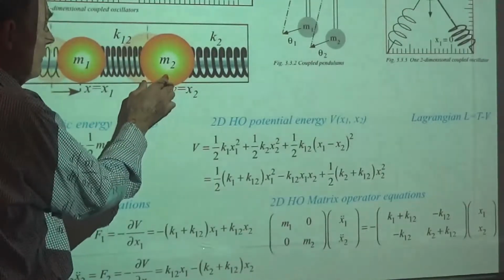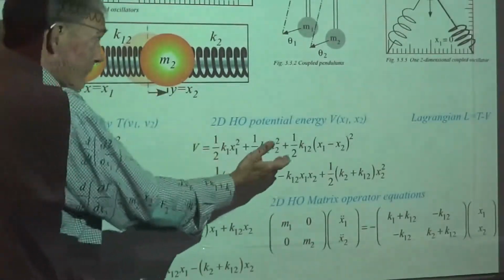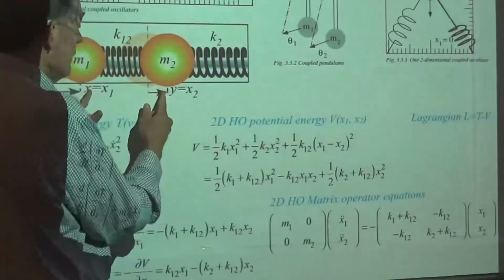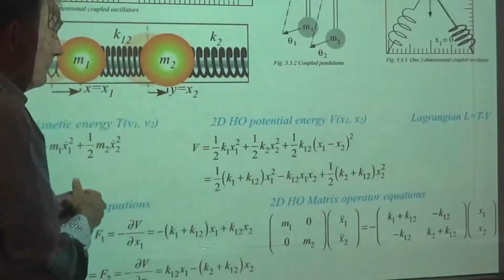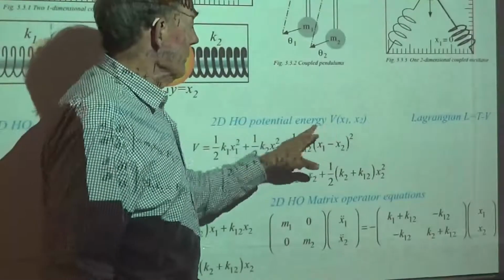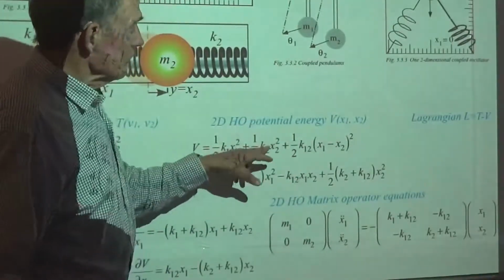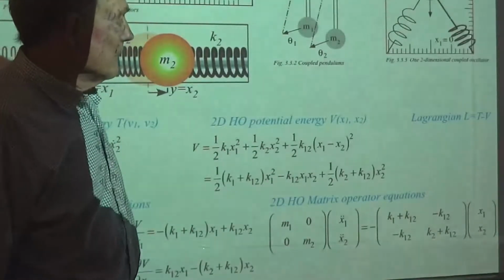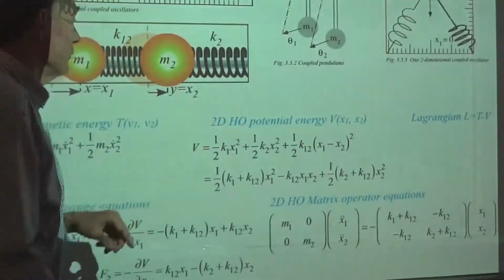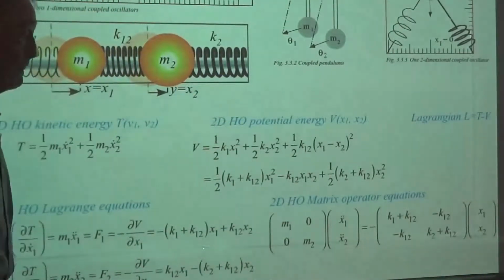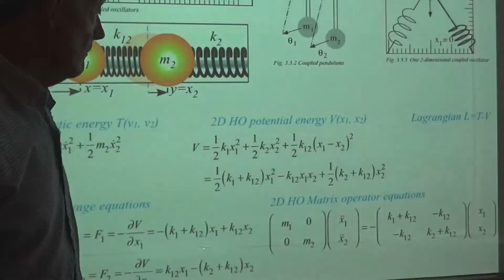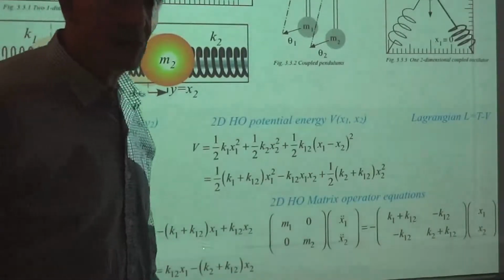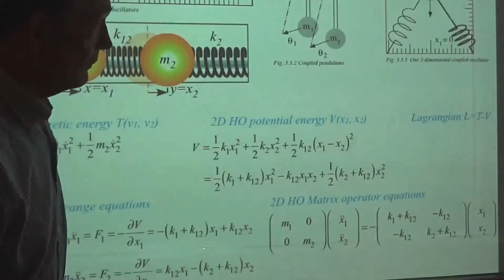And the potential energy will be the square of the difference of these two coordinates. So that's the coupling term right there. The rest of it is just two harmonic oscillators using Hooke's law for their springs, K2 for this one, K1 for this one.